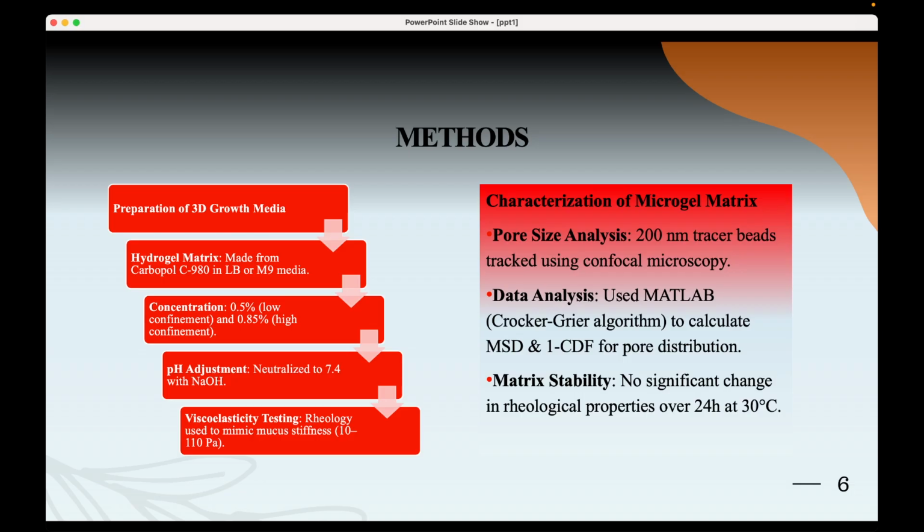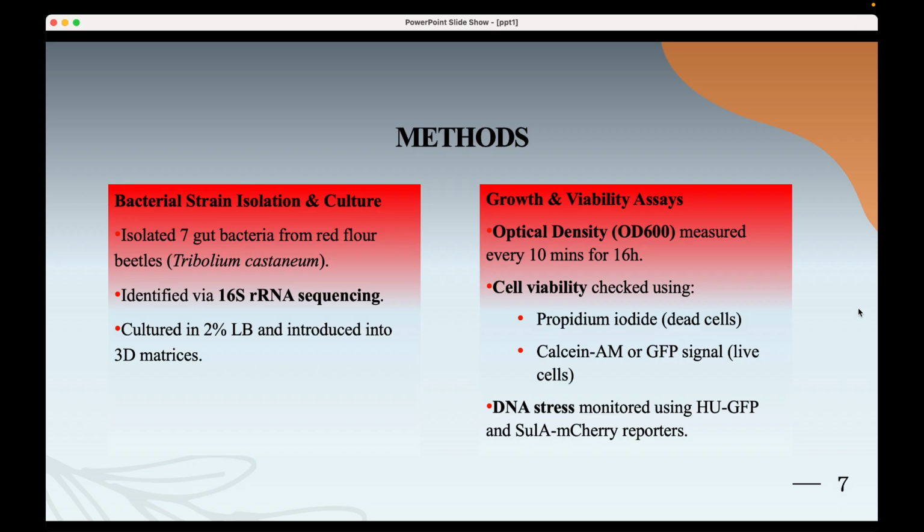They used confocal microscopy and software like MATLAB to analyze the pore structure and confirm the matrix stayed stable over time. There was no significant change in the rheological properties over 24 hours at 30 degrees Celsius.